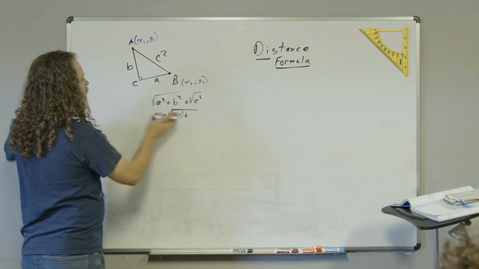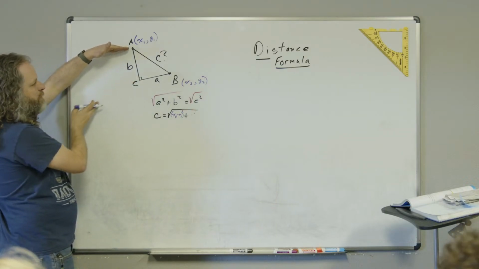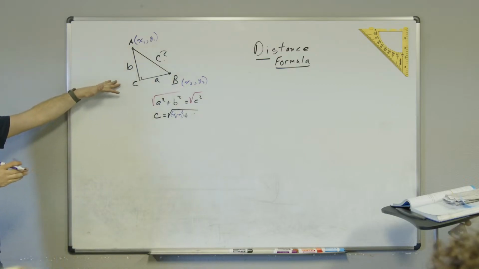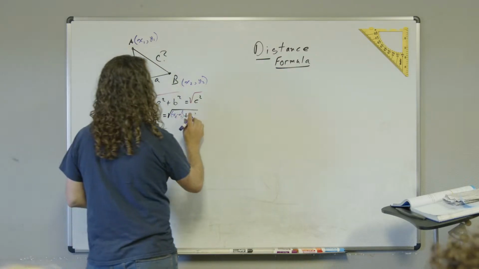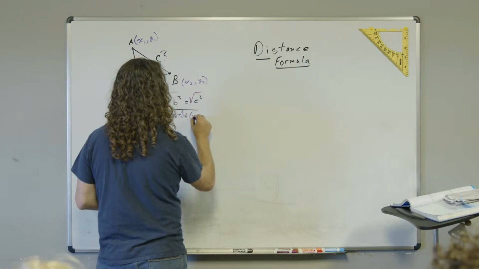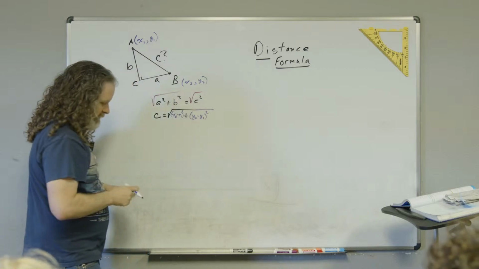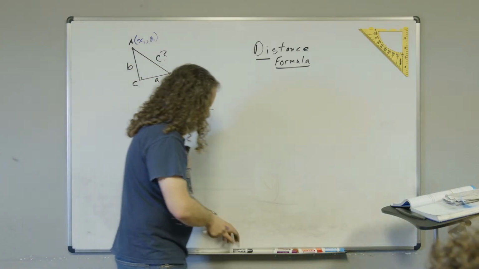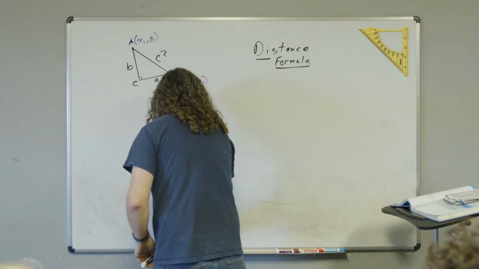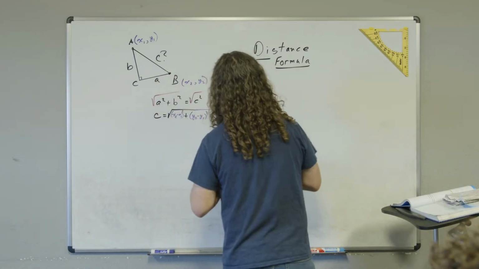And to find the B distance, I would take y2 and subtract y1, right?